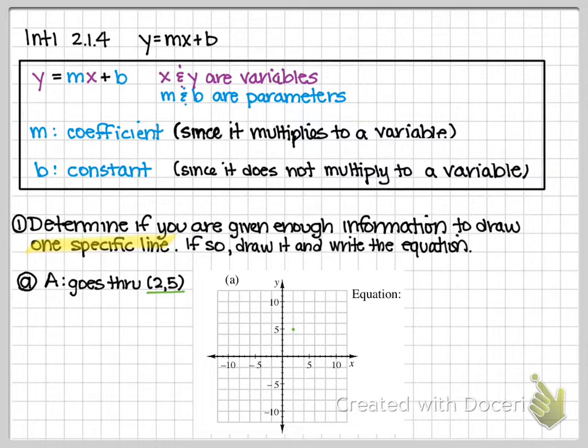Okay, so now I'm going to ask myself, all right, is there one single line that I can draw through that point, or are there multiple? I'm hoping just one, but if I take a look at this, I know that that point is on a line, but I can draw so many lines that go with this.